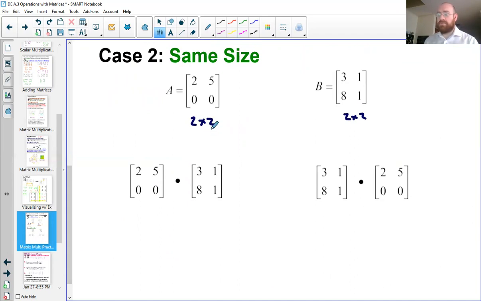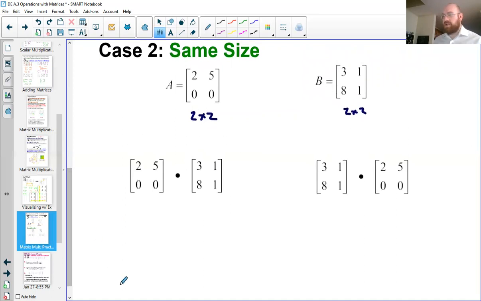No matter which one comes first, A or B, the middle numbers are going to match. So it's defined. Both of these exist. The question is, are they the same? And so we get to have some extra practice multiplying matrices to find out. So our first matrix is 2, 5, 0, 0. And our second matrix is 3, 1, 8, 1.